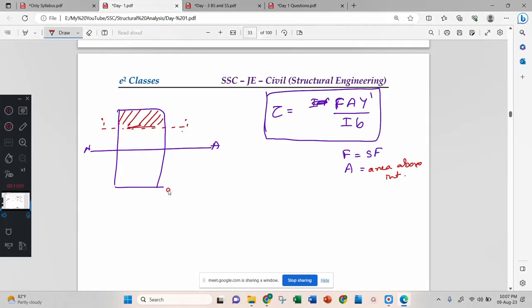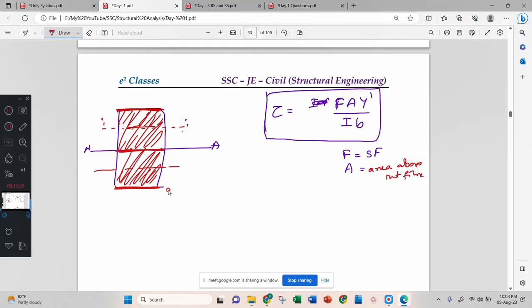Now tell me, if I am interested here, then what happens? Area above that one is not there, therefore 0. Then when you come to the lower portion, if you are interested in this line, then this is your area. If you are interested here, either this area or this area, correct? That is your area above the interested fiber.